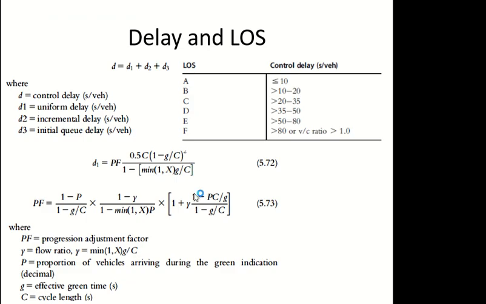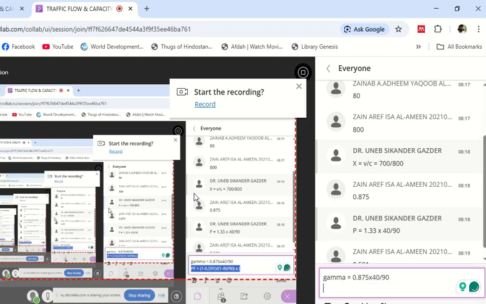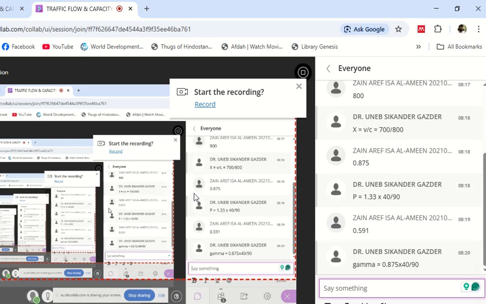Let me calculate the gamma first. Gamma is the minimum of 1 or X; my X is 0.875, less than 1, multiplied by the G by C ratio. So how much is this?